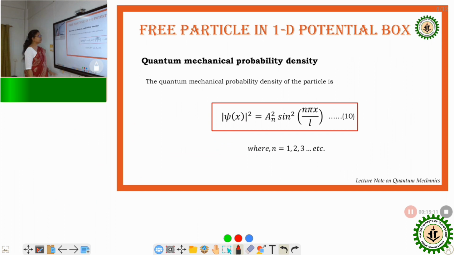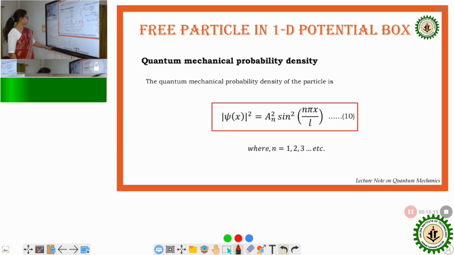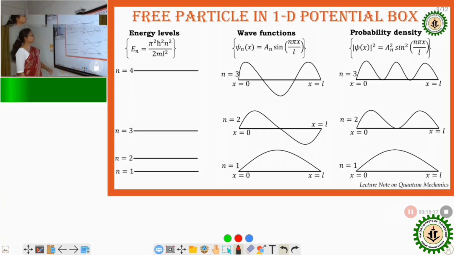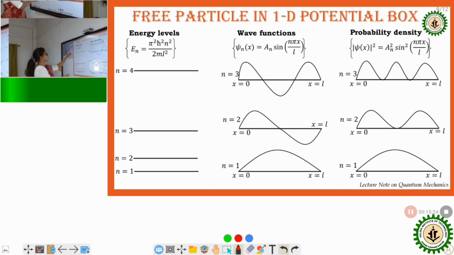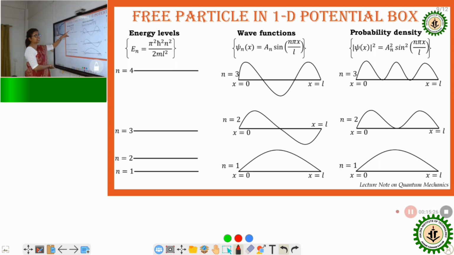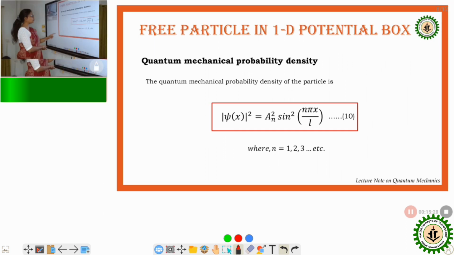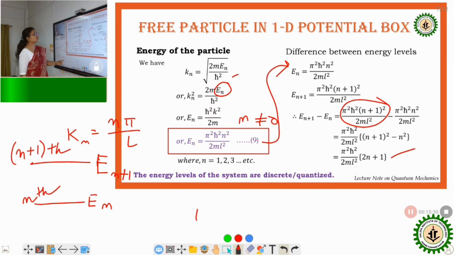Okay, now come to the slide. So what we have got is the Enth energy, and also we have calculated this.